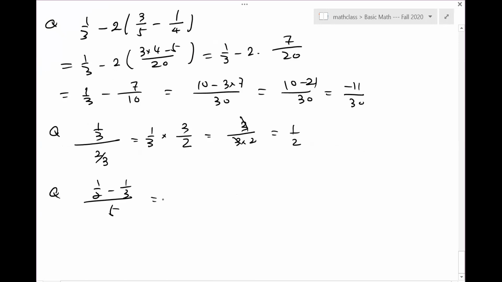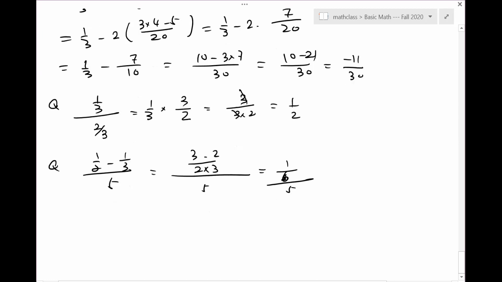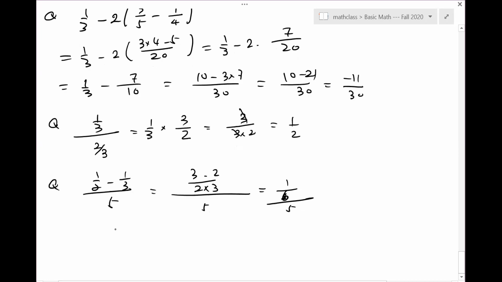Okay, so you combine 2 terms in the numerator, you get 2 times 3 and 3 minus 2. So you end up with, and here's 6, 2 times 3 is 6, divided by 5. Now it's divided by 5, you just put it in the denominator. So it's 6 times 5, it's 1 over 30.